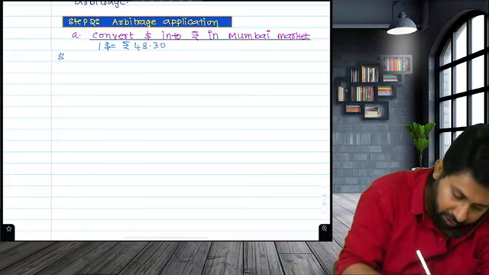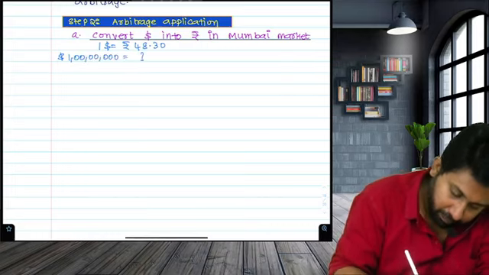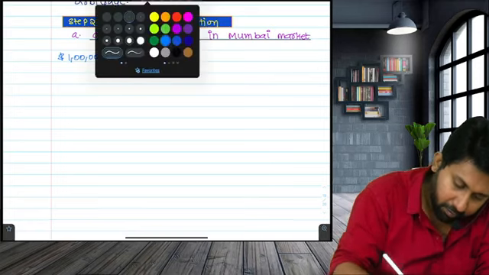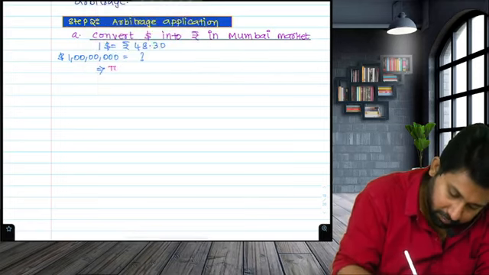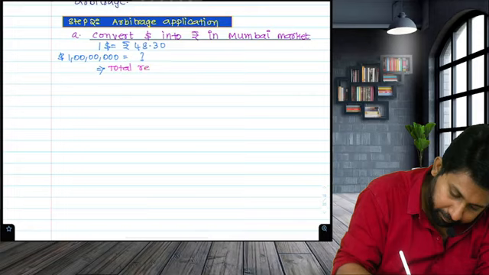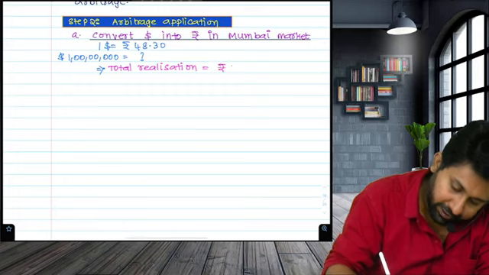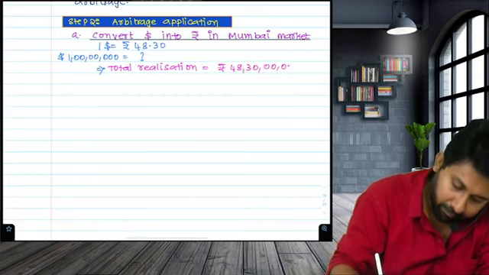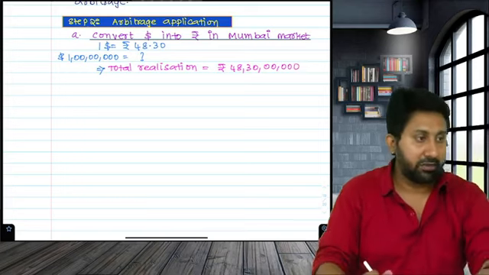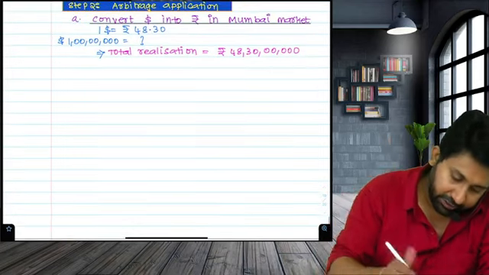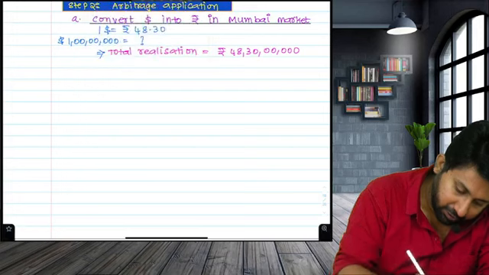Now I have how many dollars? Means rupees: 48 crore 30 lakhs. Next, step B. Do along with me, everyone.